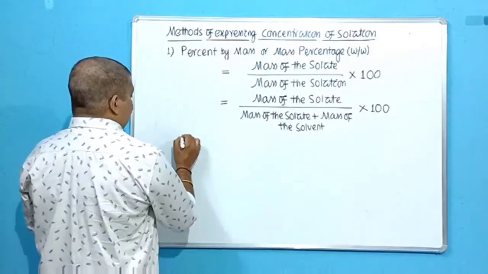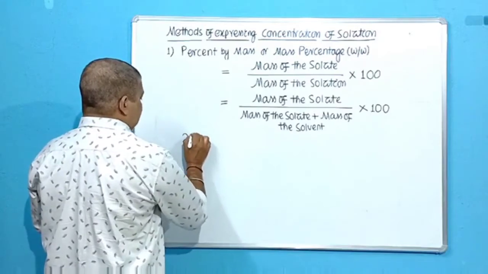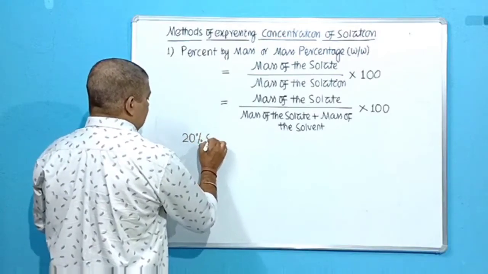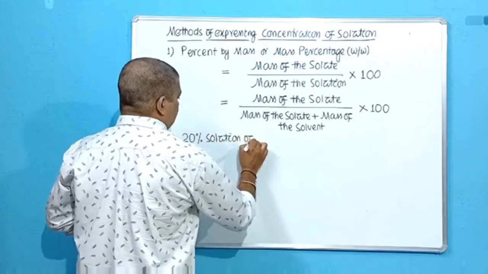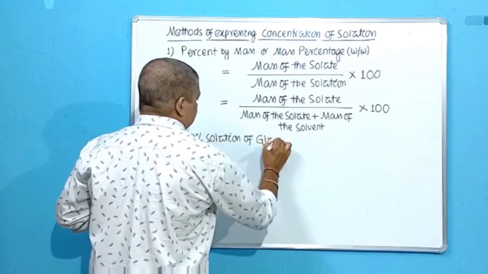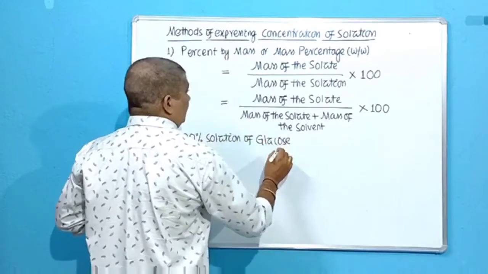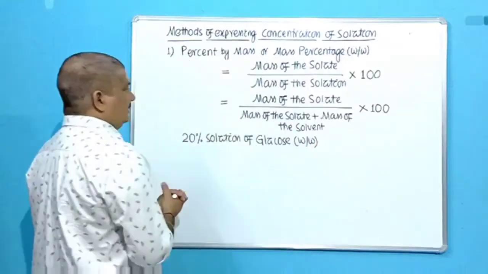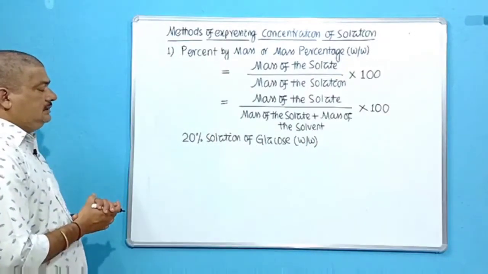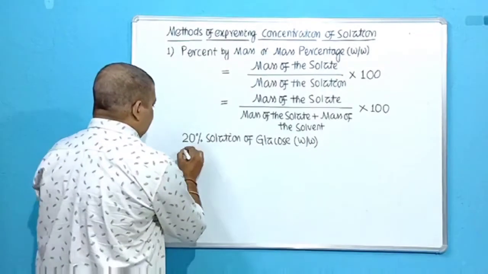Suppose we take a 20% solution of glucose, weight by weight. So what will be there?